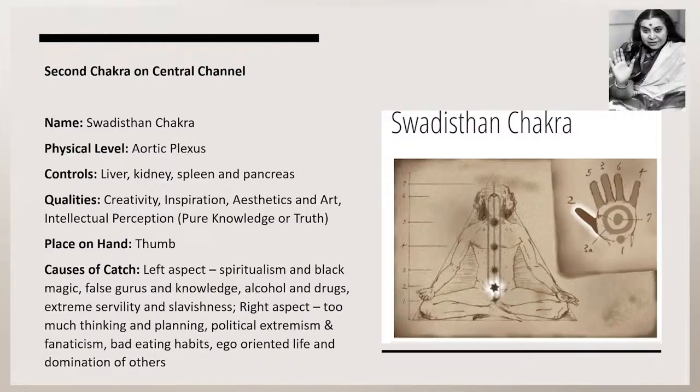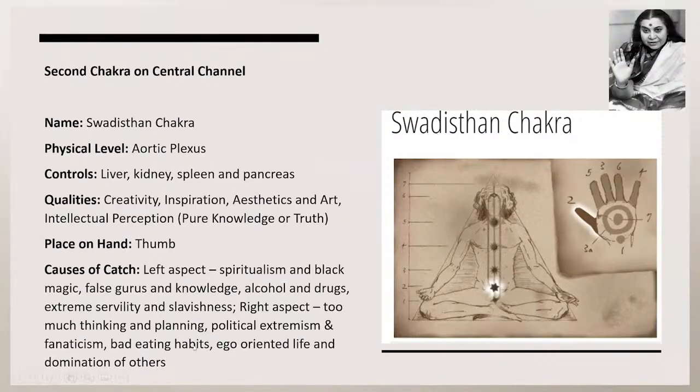What are the qualities of this energy center? Creativity, inspiration, aesthetics, art, intellectual perception, pure knowledge or truth. All these are the qualities that we achieve when our Swadhisthana Chakra is cleansed.